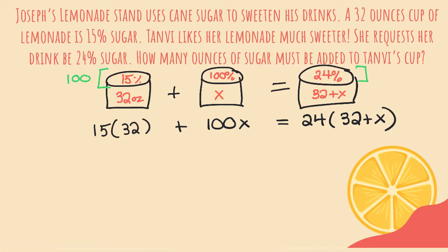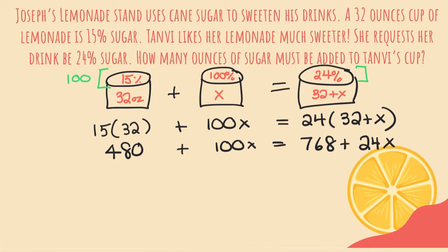Do some multiplication here. 32 times 15 will give me 480, plus 100x equals 24 times 32, which will give me 768, plus 24x.